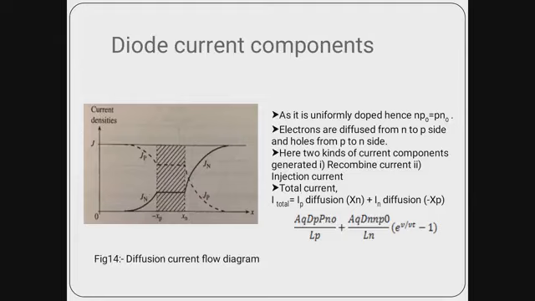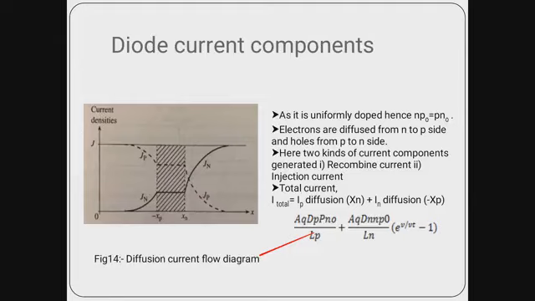When X is equal to Xn, first we take the IP diffusion. IP diffusion means the holes are diffused from P to N side and become minority after diffusion, denoted by IP diffusion across the N-type semiconductor bit. Similarly, when electrons are diffused from N to P side, that is denoted by IN diffusion in the P-type semiconductor bit.